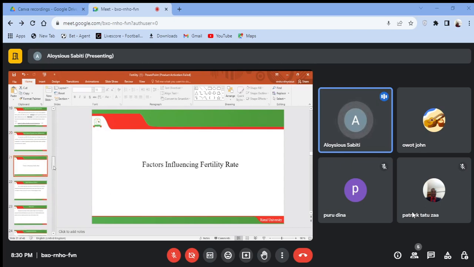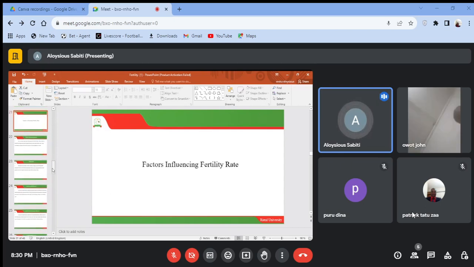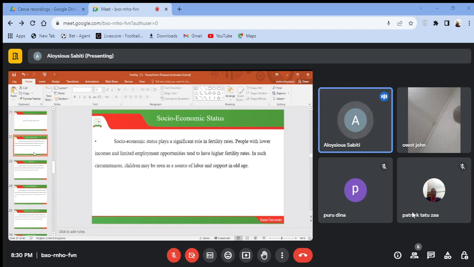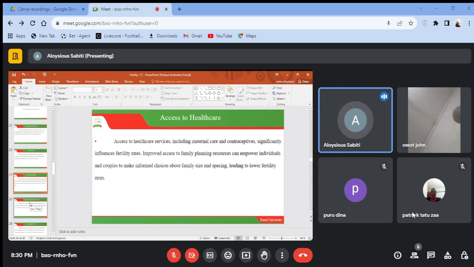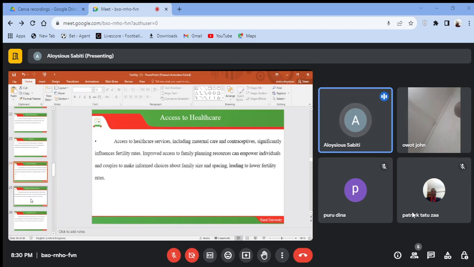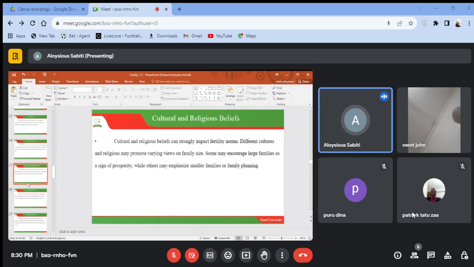So we went ahead and discussed the factors that influence fertility as a rate, meaning we're talking about the percentages of fertility, and we said there are socioeconomic factors that play a significant role, but also education plays a significant role. How an individual accesses care is another important factor that influences fertility.